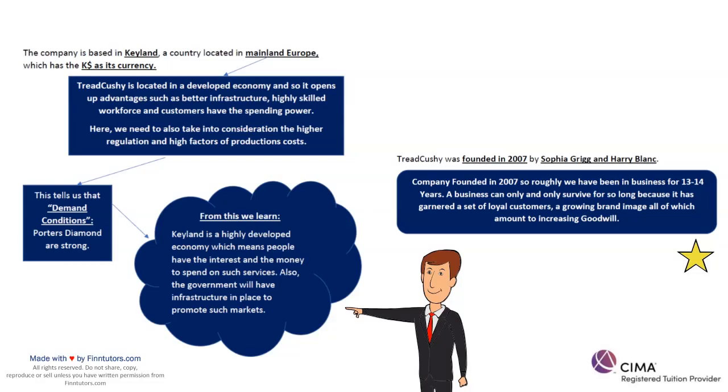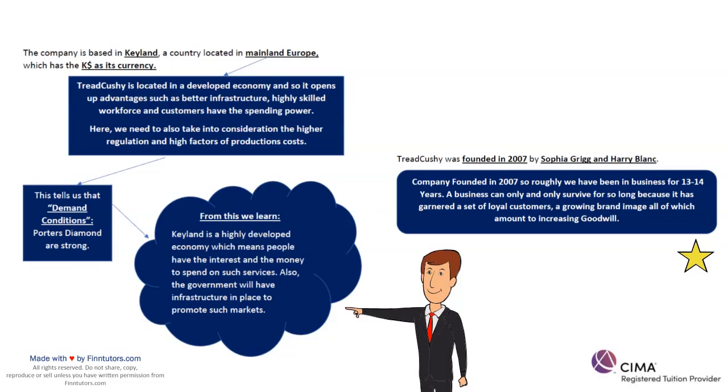So, when you've survived for such a long time, you have gone through many resistances, gone through many problems, and at the end of the day, your business is still here. So, this means a business can only survive for so long because you have a loyal set of customers, you have a good brand image, all of which is increasing your goodwill.